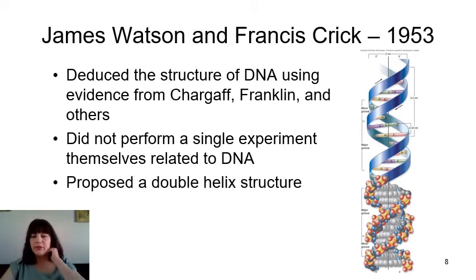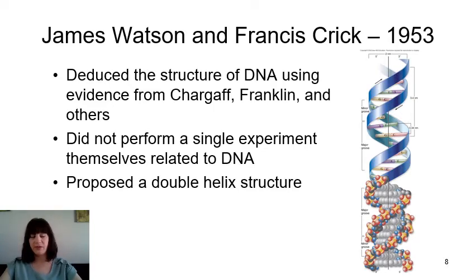And so they were able to propose the double helix. So the fact that it's not just a single strand in a helix shape, but that it is two helices that are wound around each other. And that's what we can see in this cartoon on the right.